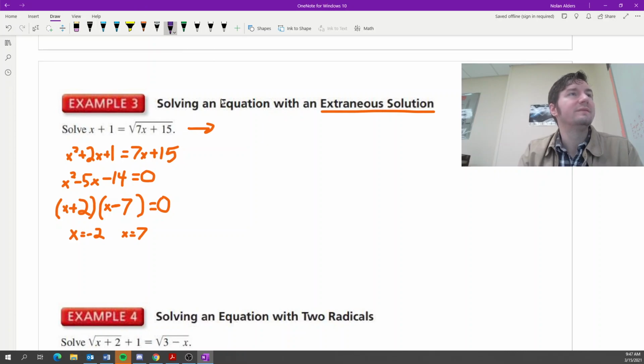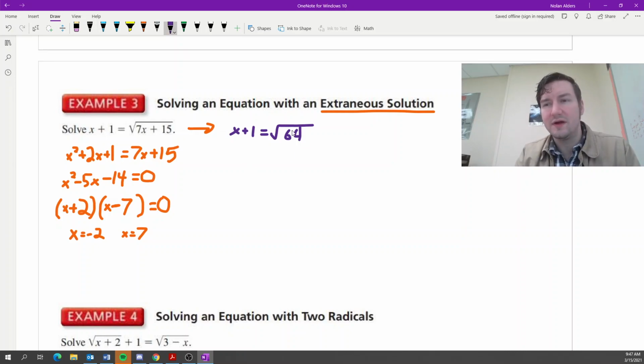So we'll have x plus 1 equals square root of 64. Don't worry about that bell, guys. All right, x plus 1 equals square root of 64, because 7 times 7 is 49, and 49 plus 15 is 64. And then we can add 1, because I don't think you can take the square root of 64, right? Or can you?